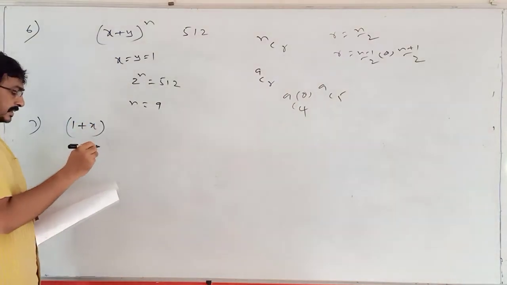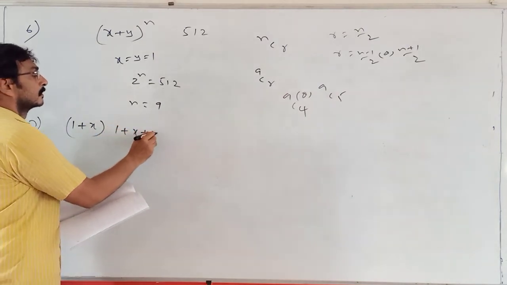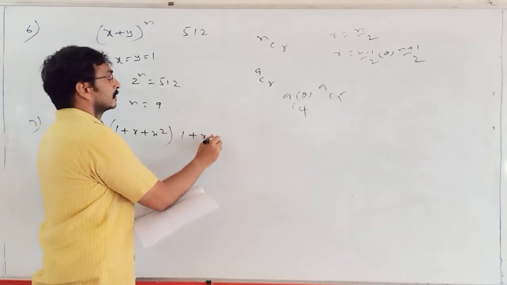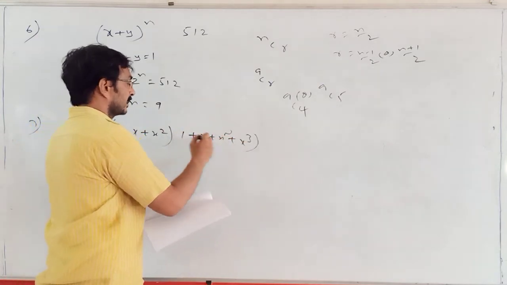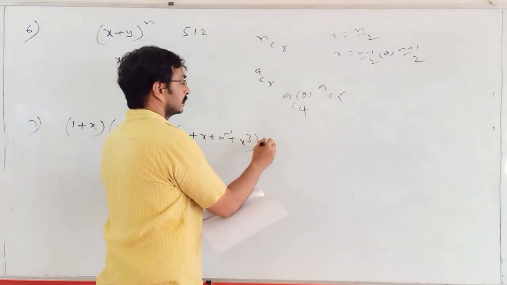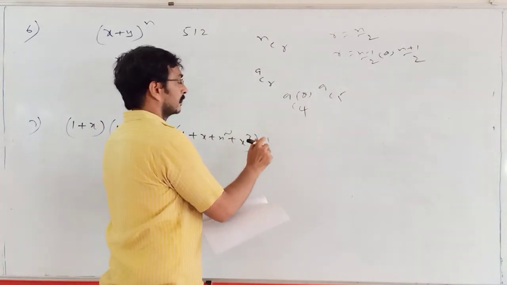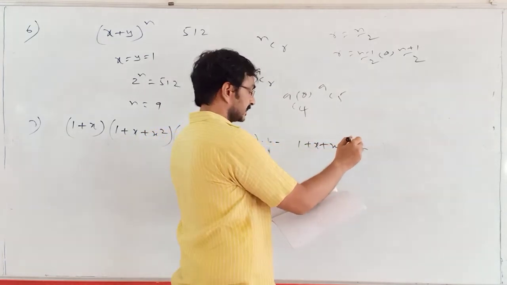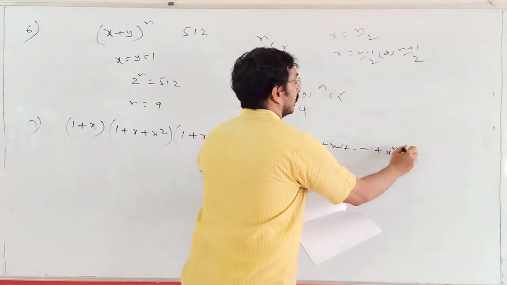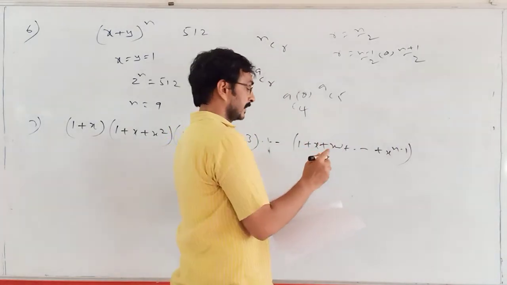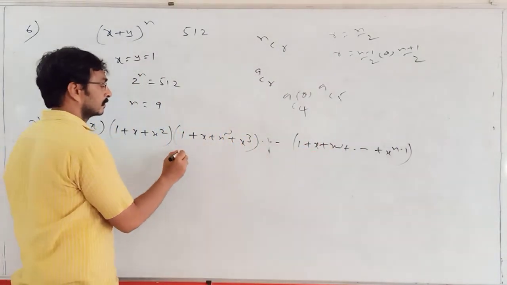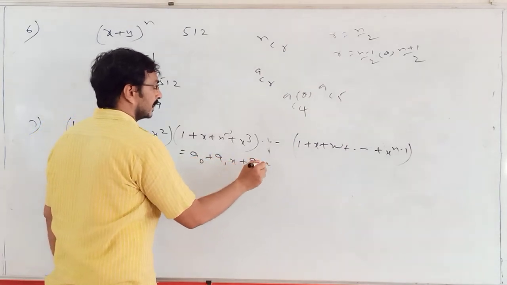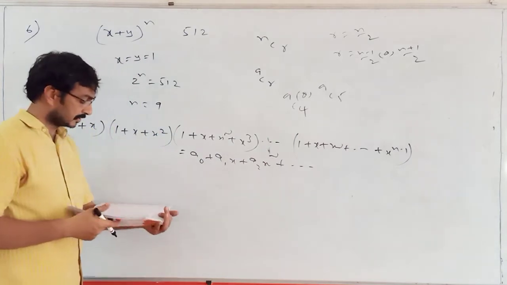If (1 plus x) into (1 plus x plus x square) into (1 plus x plus x square plus x cube) into and so on, (1 plus x plus x square plus and so on, x power n minus 1) equal to a0 plus a1x plus a2x square plus and so on.